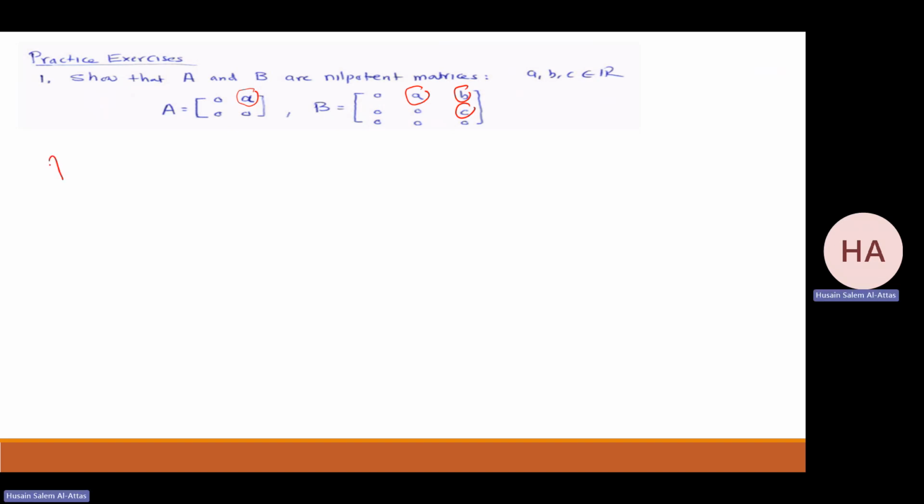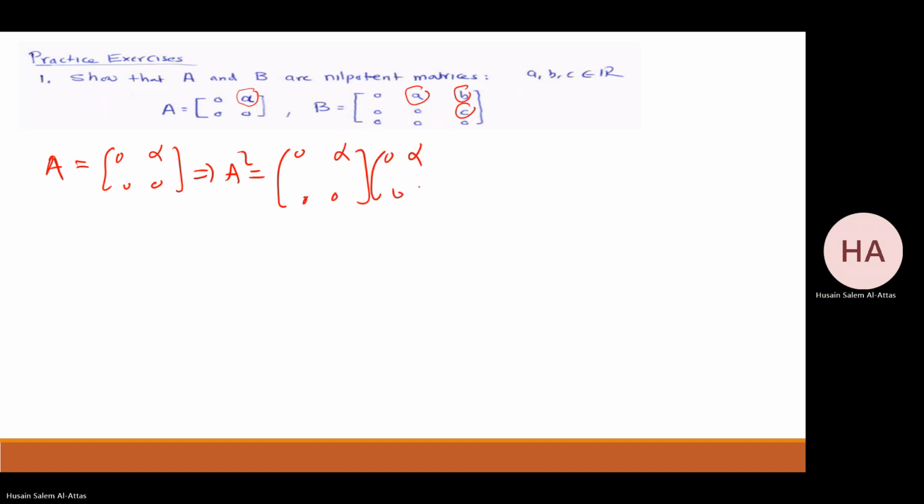So notice case 1. This is A. What will be A squared for any alpha? That will be 0, 0, 0, 0. So A is nilpotent.